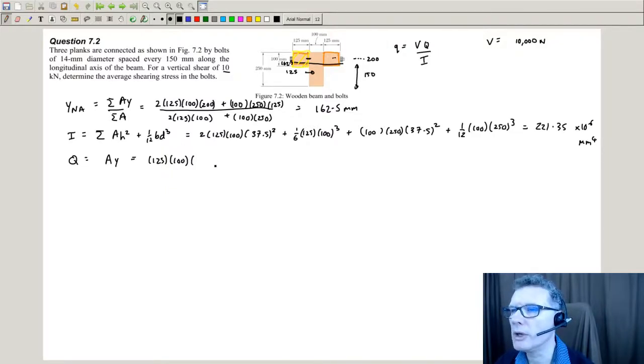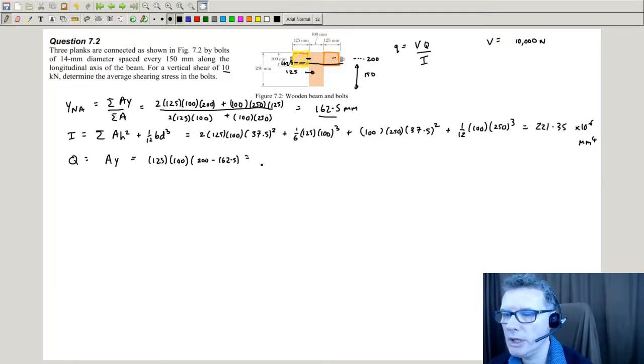What's the Y going to be? Well, in relationship to the base, the bolt is located at 200, and the neutral axis is this one here, 162.5. So that's our Q.